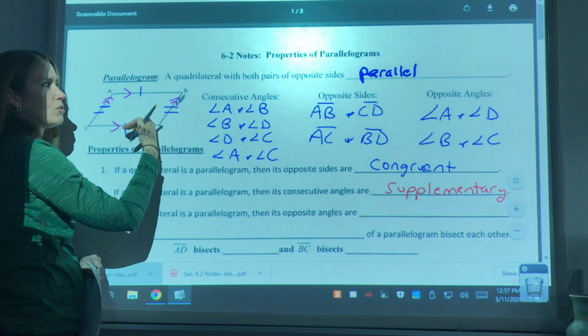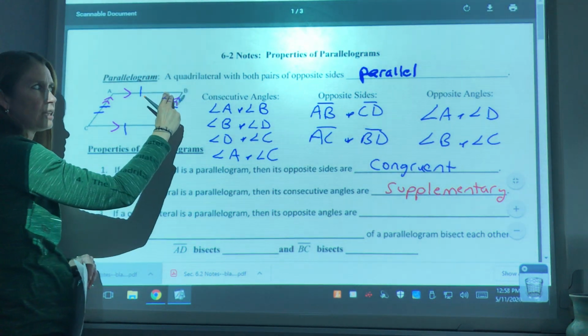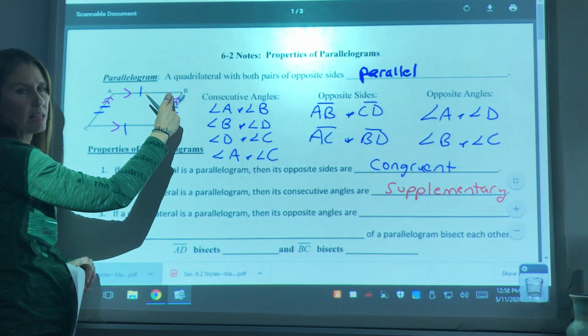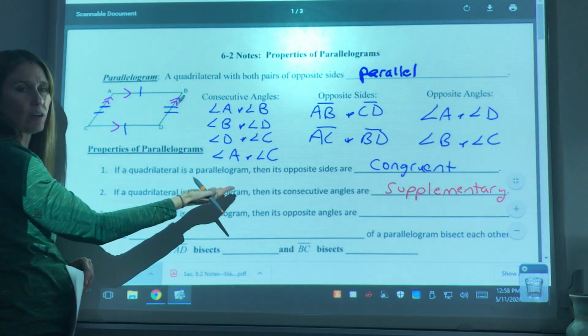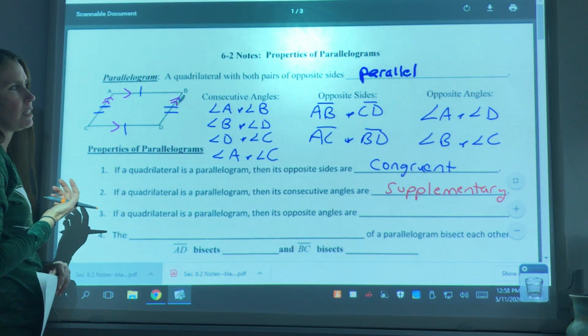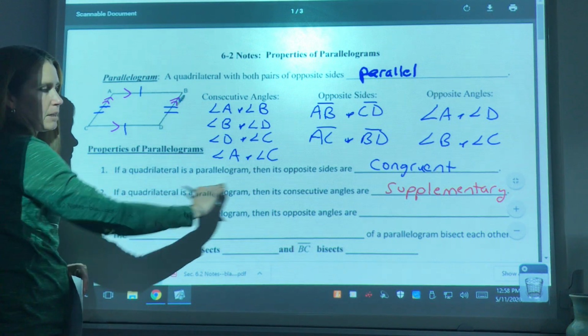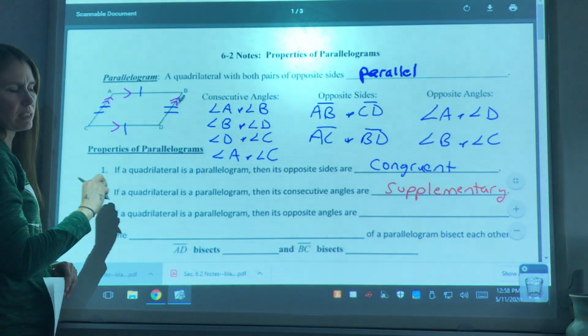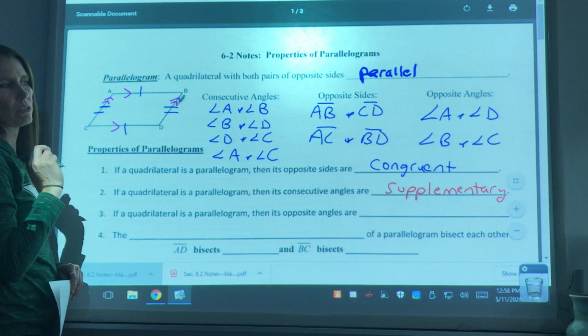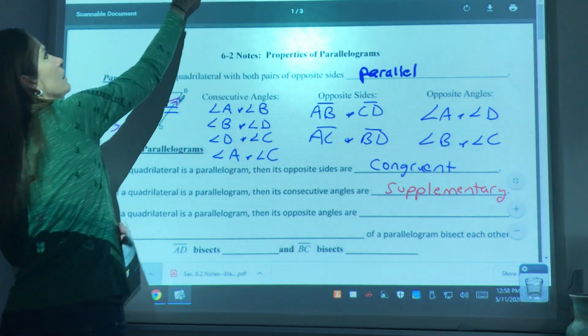Same thing, if these two are parallel and this is a transversal, these two would be same side interior angles and they would be supplementary. And that's true for all of these pairs. Okay, so again, that one I'm not necessarily marking on the picture, but that's something just to keep in mind. Consecutive angles are supplementary, which means they add up to 180.